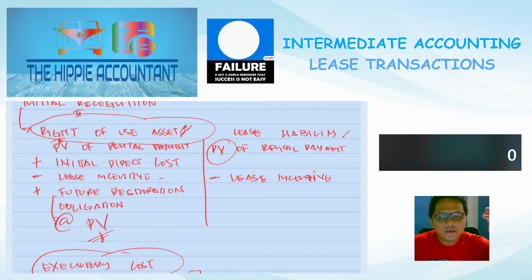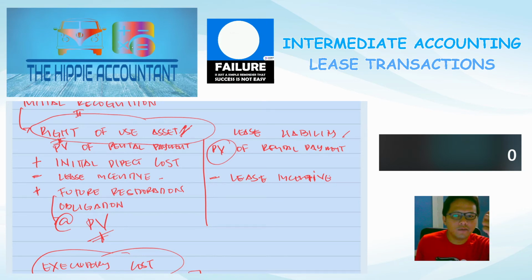If the lease incentive is to be paid outright by the lessor, meaning on initial or at the start of the lease, binigyan ka na agad ng pera, na-receive mo na as lease incentive, as reimbursement, kumbaga, then that is only to be deducted sa right of use asset mo. Hindi sa lease liability. Kuha?